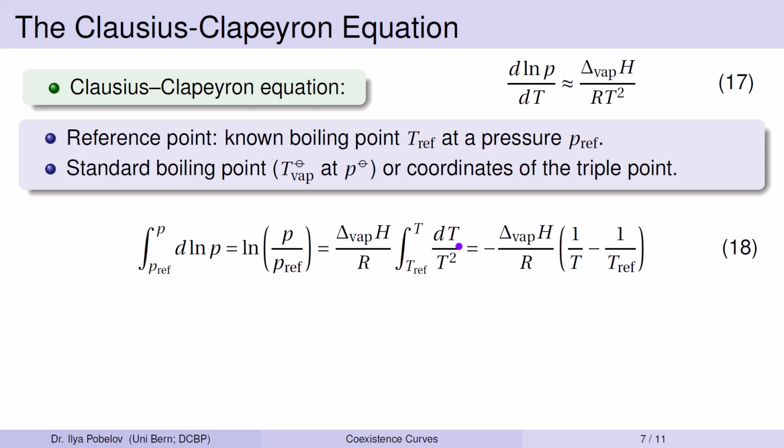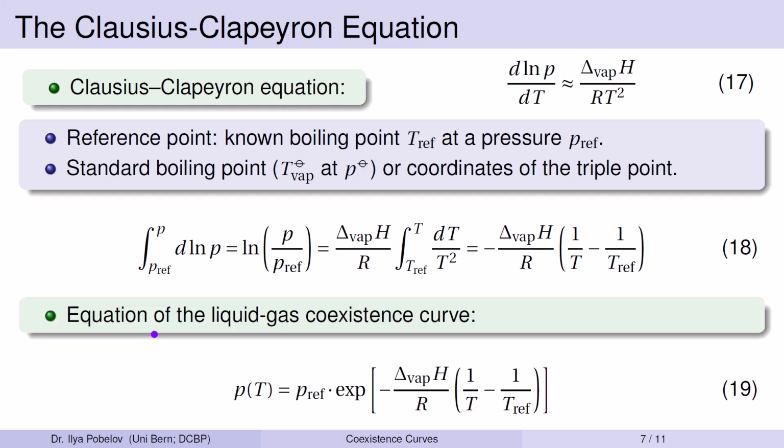Integrating both sides of our equation, we arrive at an expression that connects the change in pressure, the change in temperature, and the enthalpy of vaporization. When we rearrange and simplify it, we can express the vapor pressure at any temperature T as a function of the reference pressure, the enthalpy of vaporization, and the inverse difference of temperatures. The result is the equation for the liquid-gas coexistence curve.